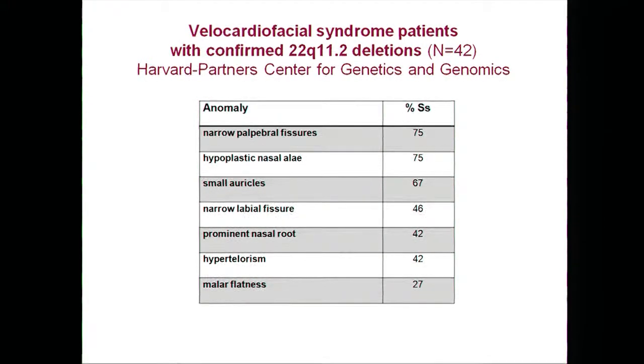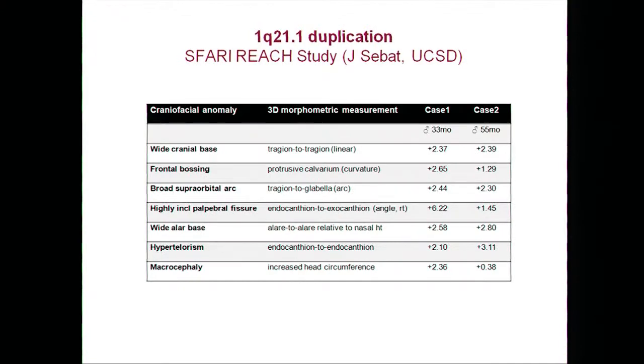Another example, a worked example with a couple of cases from Jonathan Sebat's series, is here for 1q21.1 duplications. What I did here is I listed two cases. Case 1 is a male, case 2 is a female.